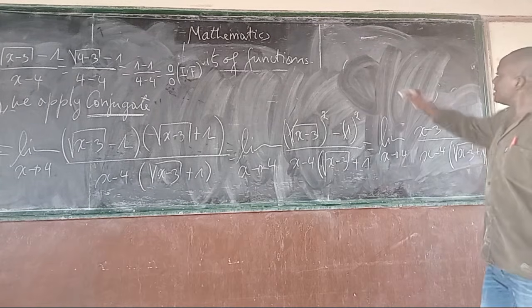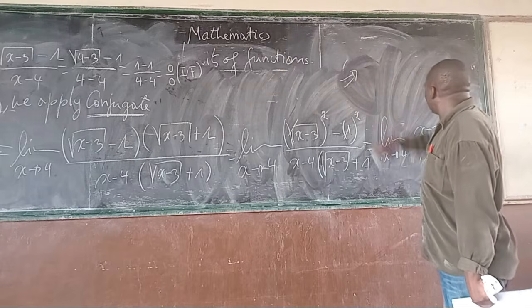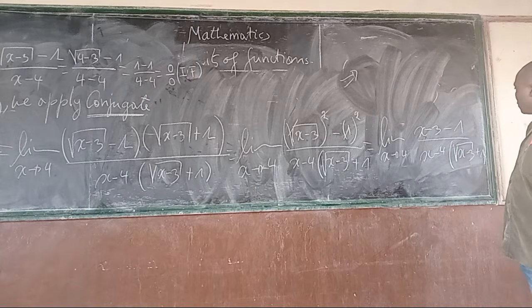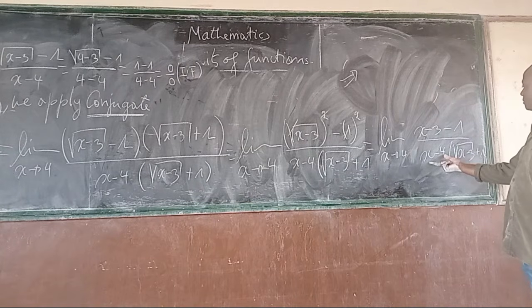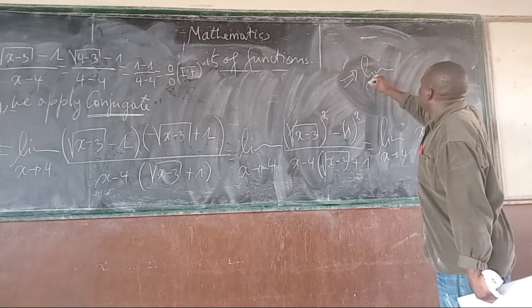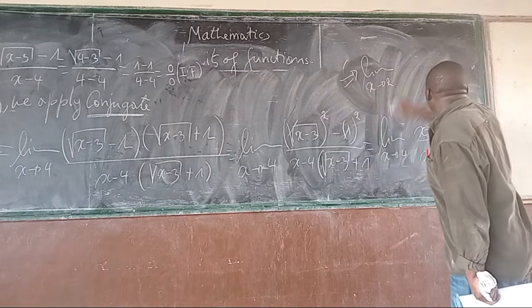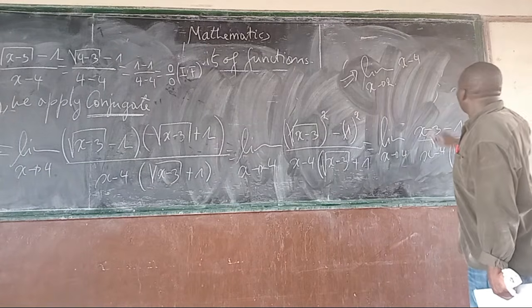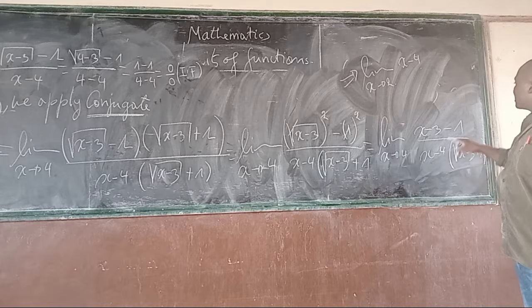Then, to get the final answer here, teachers, see me clearly. As you see here, we have x minus 3, minus 4. You get x minus 4. Here we have x minus 3, minus 1.